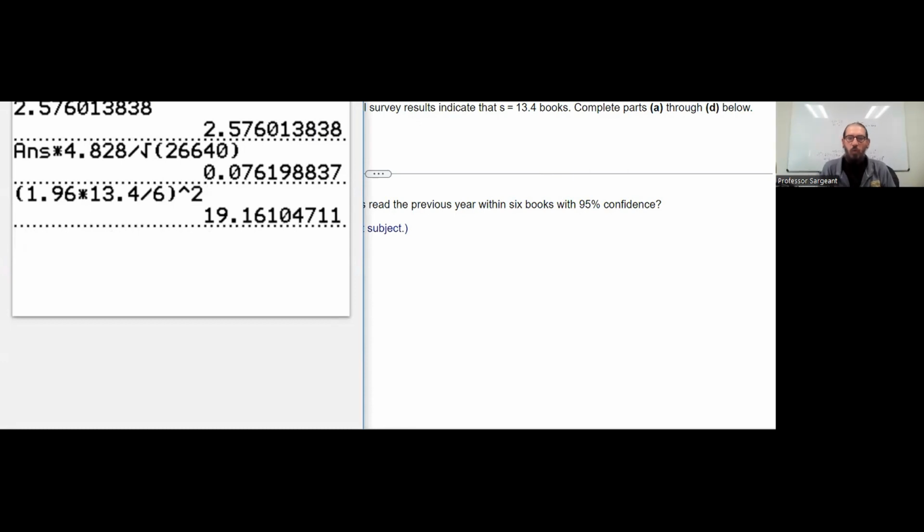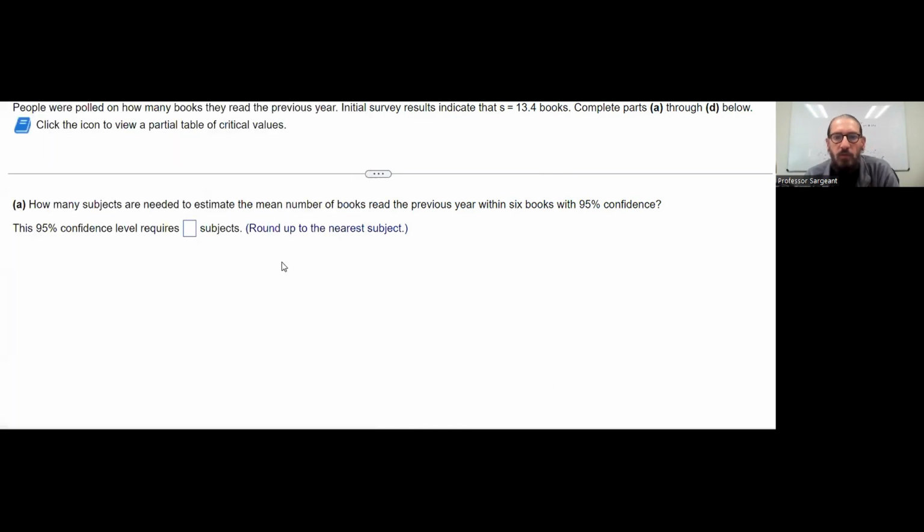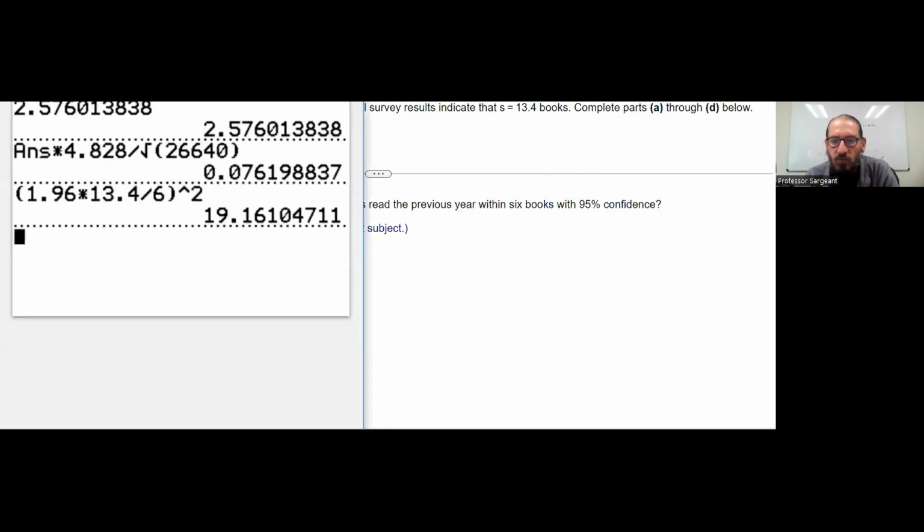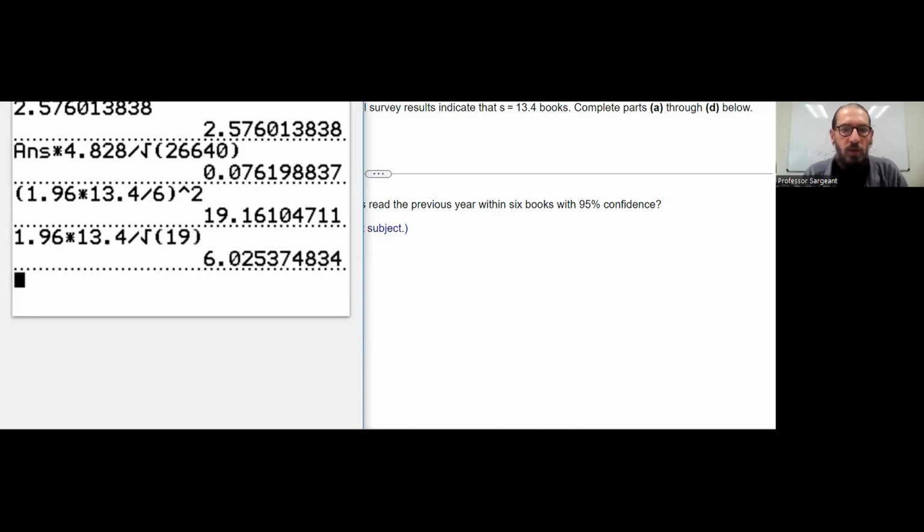You cannot have 0.16104711 of a subject. And furthermore, the rounding does not go in the standard way. It says round up to the nearest subject. Here's the reason why. If we put in the 1.96 times the standard deviation of 13.4 and divide by square root of 19, then you get a margin of error bigger than 6.